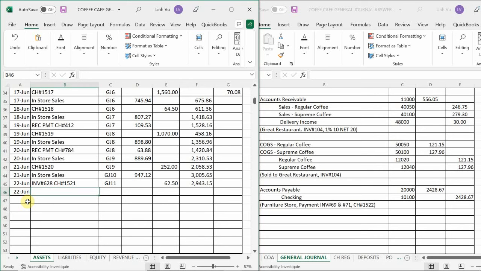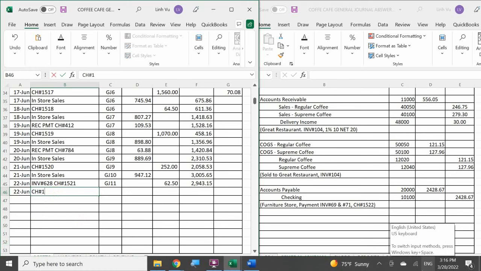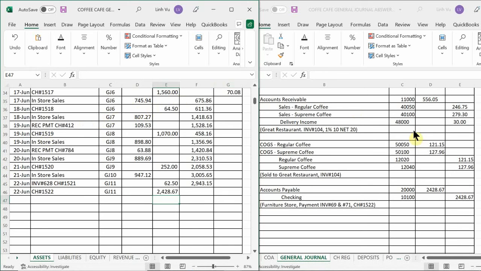Checking. 1522 for 2,428.67. How much money should you have left in your bank account? $514.48.